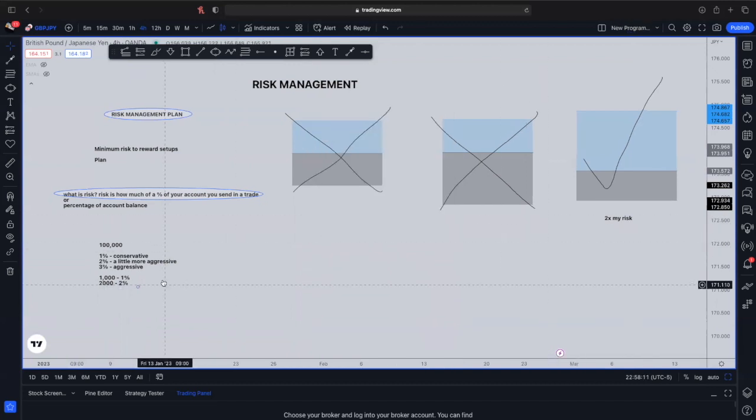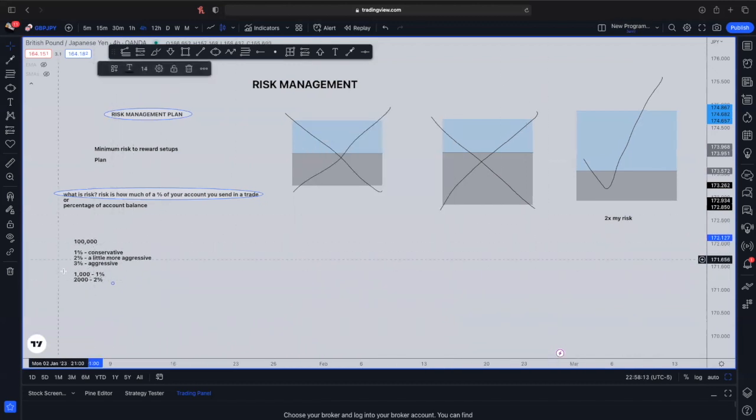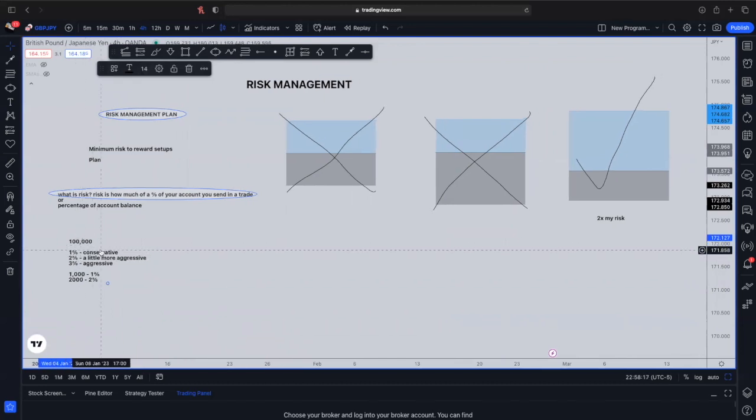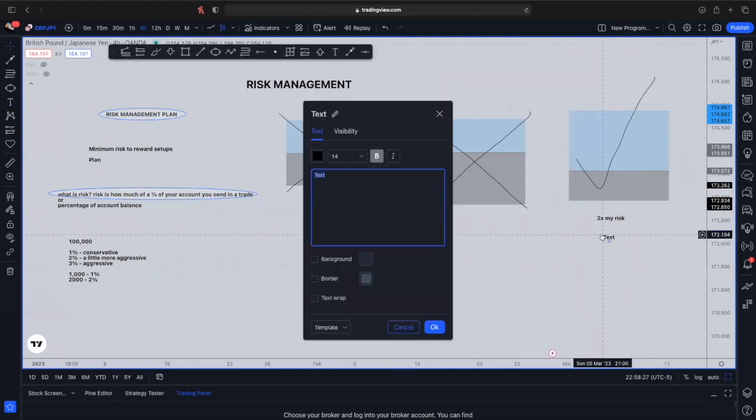Okay, so look at this. I want you guys to understand this. 1% is a good amount. It's what I usually send, meaning I usually send $1,000 per trade. So over here at a 2-to-1, what does that mean? 2 times my risk. So if my risk is 1,000, my reward is 2,000.